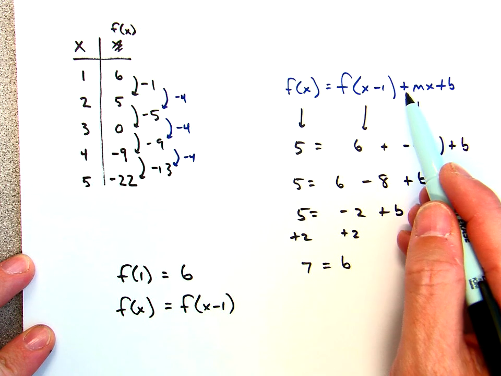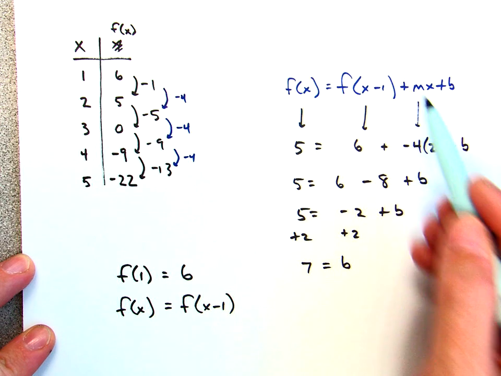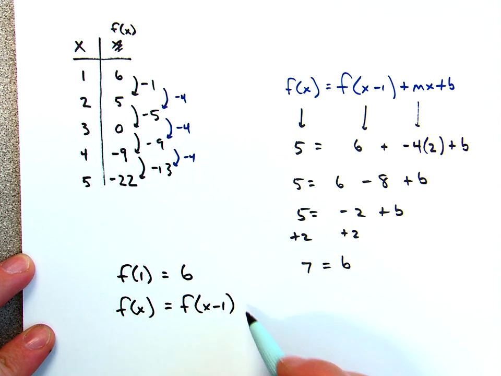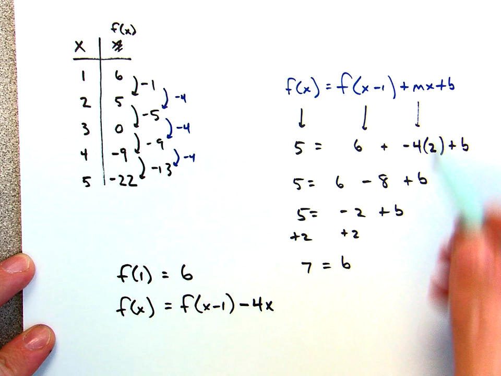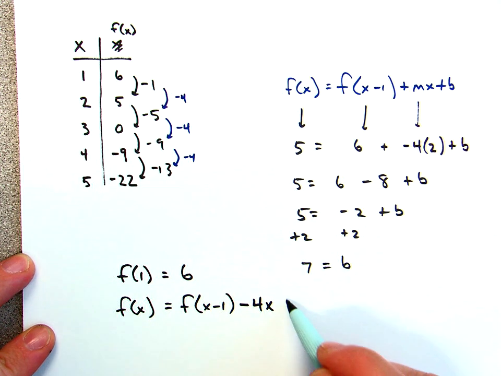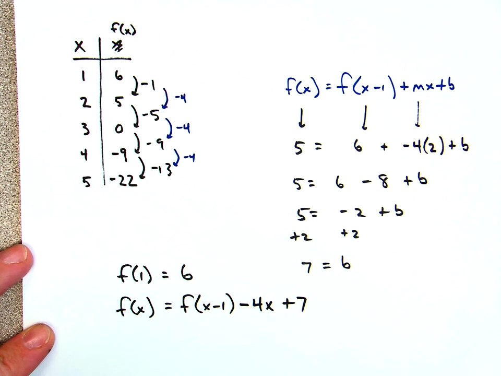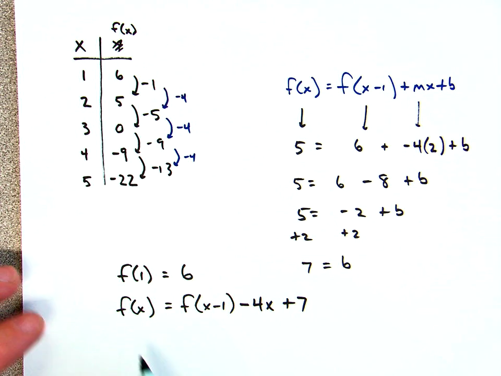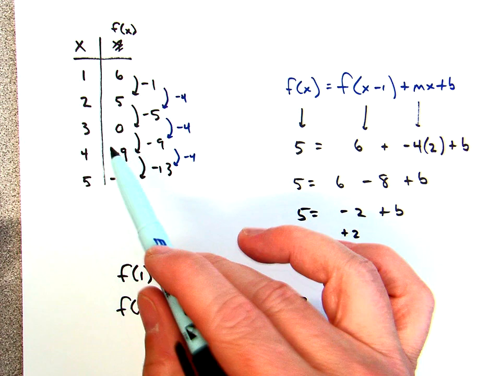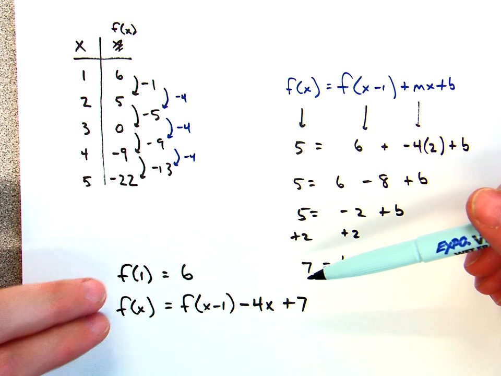Now, if I want to say plus a negative 4, because m is negative 4, that's fine. Or I'll just say minus 4x as a product, plus b, but b was 7. And again, if you want to try it, we got different values. We're using different notations, so we're not really sure. We can just remember it, because this builds it one step at a time.